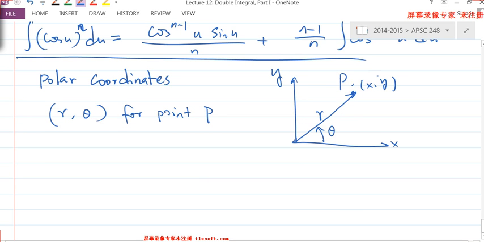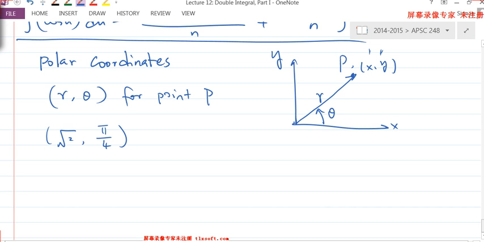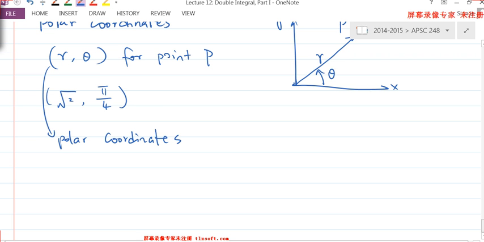So you see, if x is 1, 1, what's r, theta? R will be root 2. Theta would be pi over 4, right? So that refers to the same location. What's the connection between this r, theta, which is what we call polar coordinates, and the Cartesian?